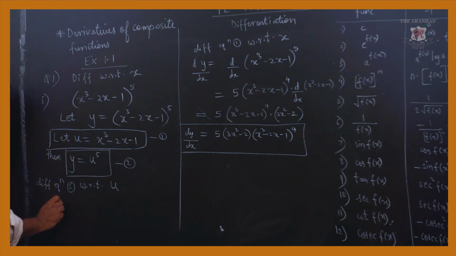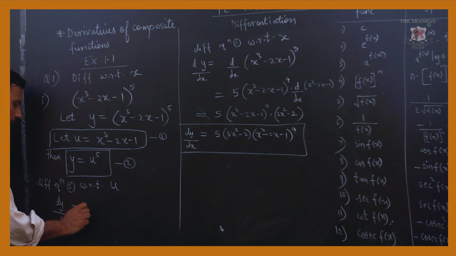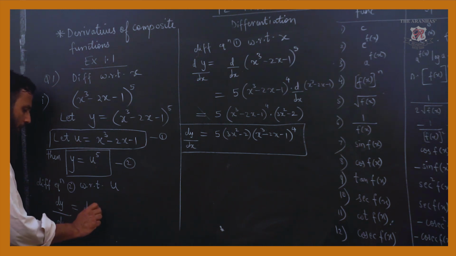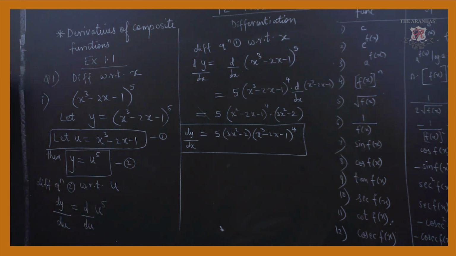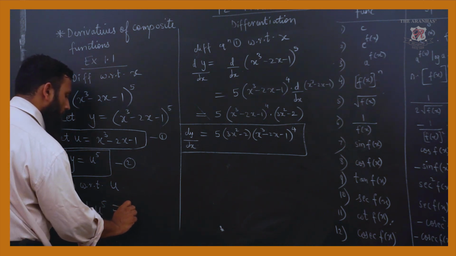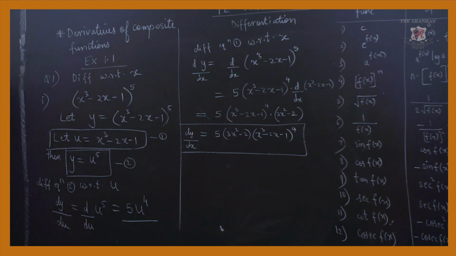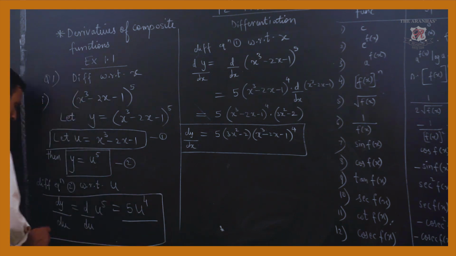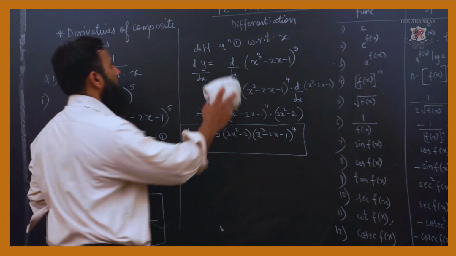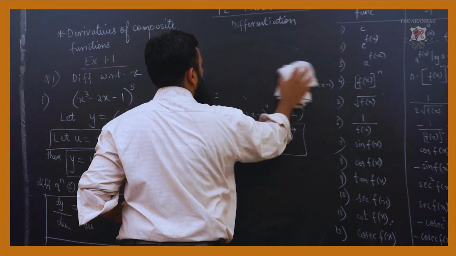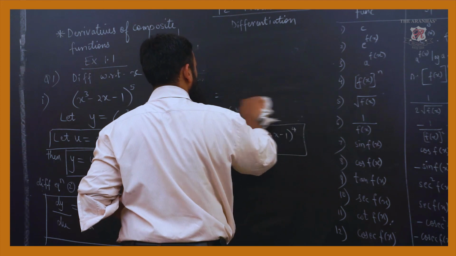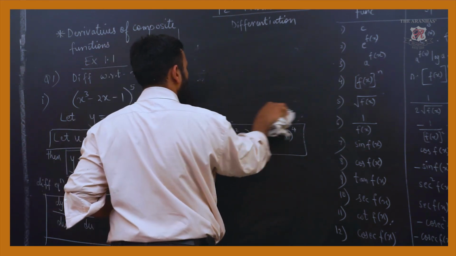So dy by du is equal to d by du of u raised to 5, which is nothing but 5u raised to 4. So this is my value of dy by du. I will keep the main answer as it is for comparison, to check whether the answer by both methods comes out to be one and the same.